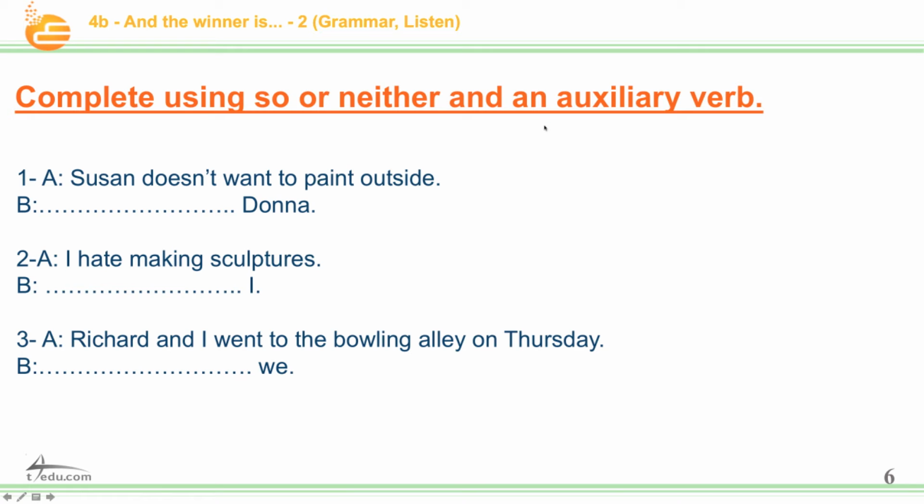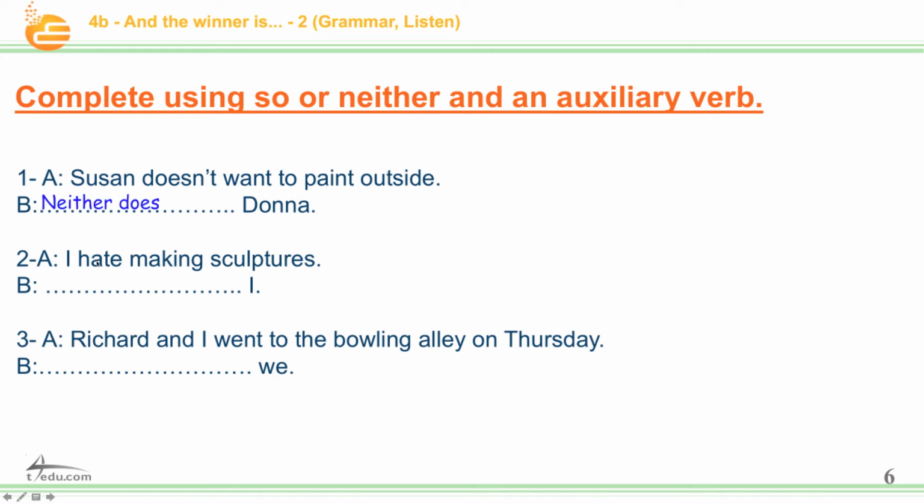And what is the auxiliary verb? Please think carefully. Blank Donna. The answer is, of course, neither does Donna. We use neither because it's a negative statement, and then the auxiliary verb is does. Affirmative auxiliary verb, does.